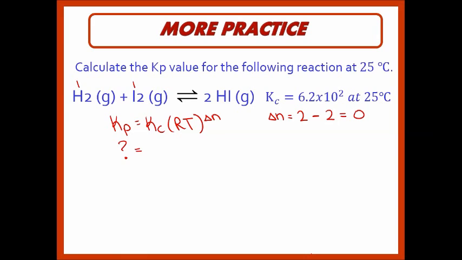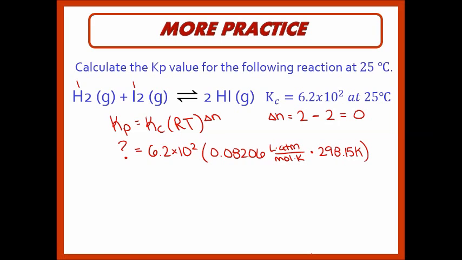Alright, so our Kc value is 6.2 times 10 to the second. We know our R value, it's the ideal gas law constant, 0.08206 liters times atmospheres per mole times Kelvin, times temperature, which in this case is 25 degrees Celsius, so same as last time, 298.15 Kelvin, raised to the 0 power.